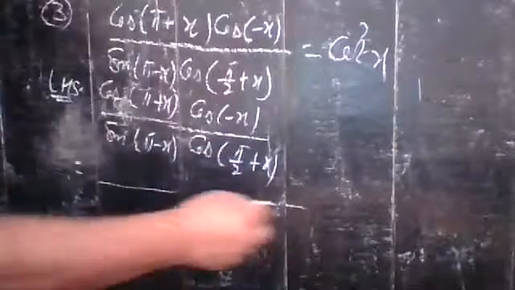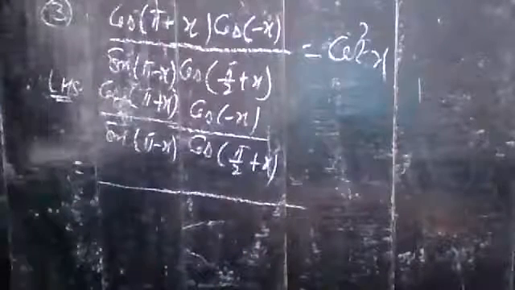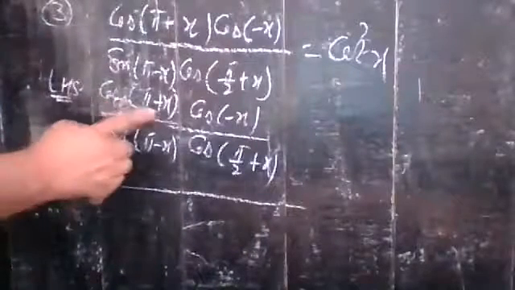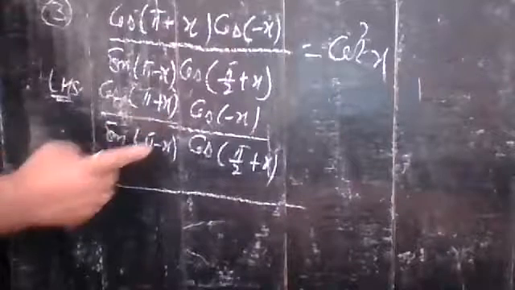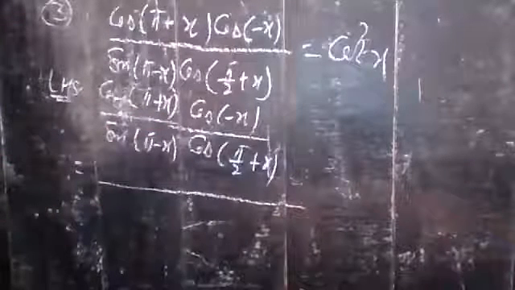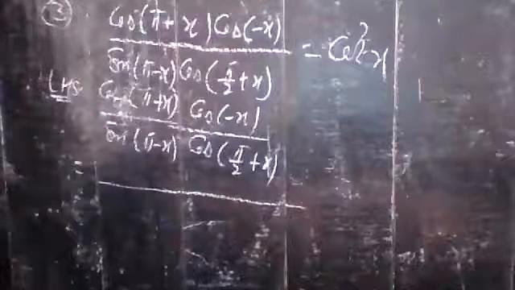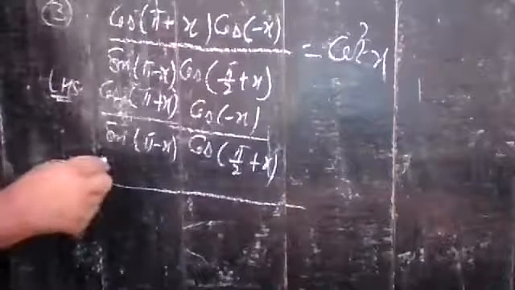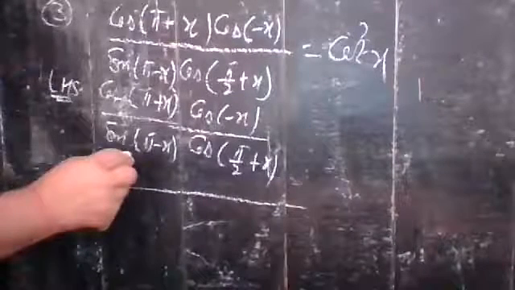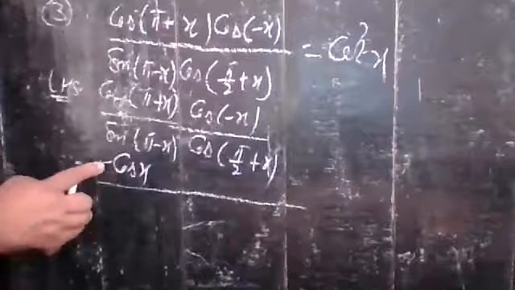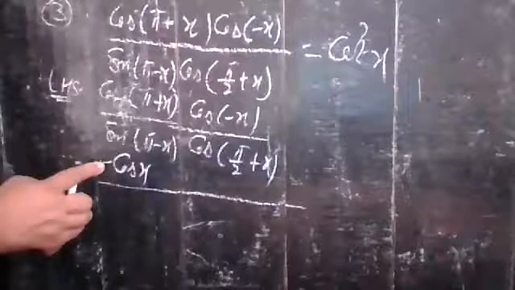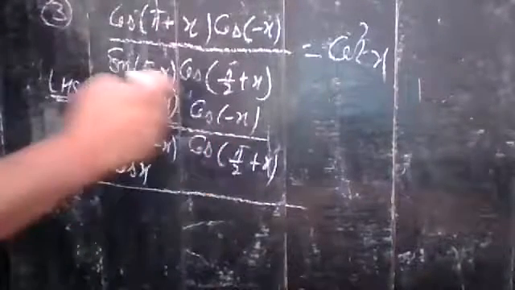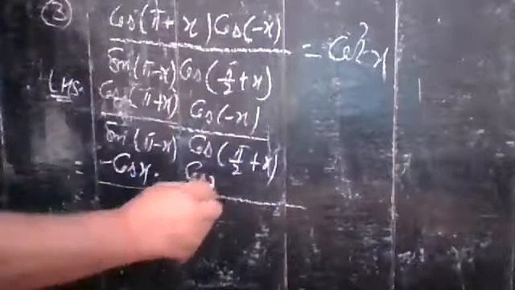Okay, now just see the quadrant. Cos pi plus x: pi plus x means it lies in the third quadrant, and in the third quadrant cos is negative. So you write minus cos x. And cos of minus x is equal to cos x. So here you write cos x.